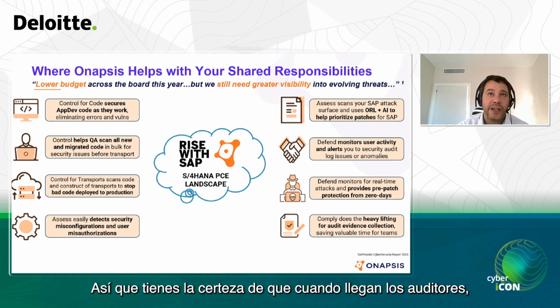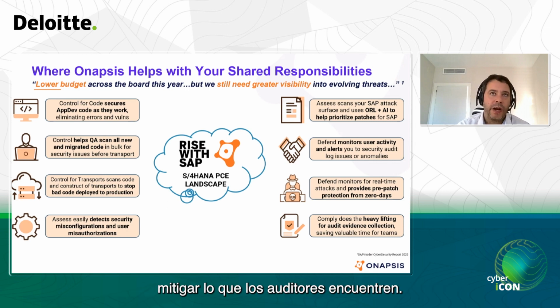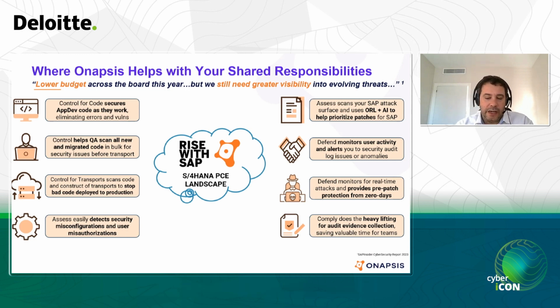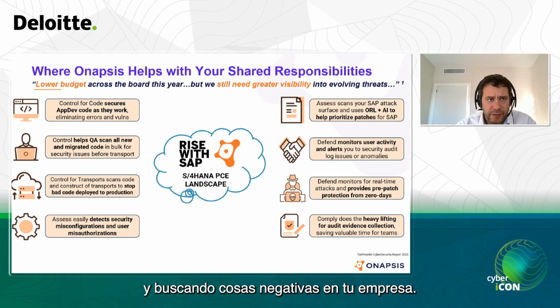So you are ensuring that when the auditors come, everything is in place, and you don't have to spend more time mitigating whatever the auditors are finding. It also reduces the time of the auditors being inside the company and searching for bad things in your company.